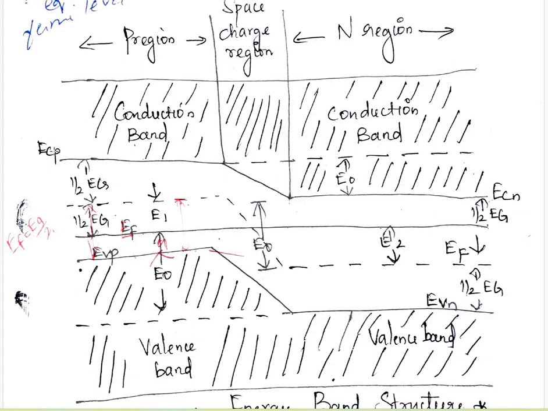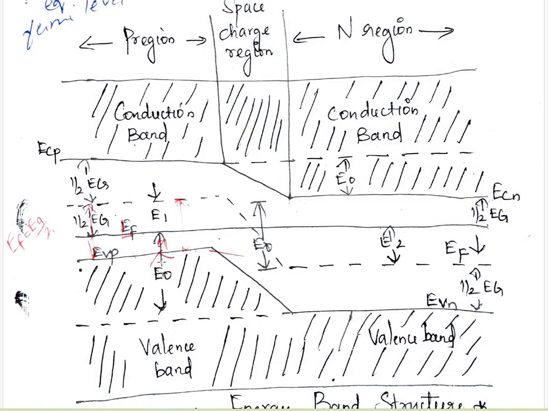Here ECP is the conduction band for the P side, EVP the valence band for the P side, ECN the conduction band for the N side, and EVN the valence band for the N side. At the bottom we have the valence band and at the top the conduction band. The distance between ECN and EVP is E naught.